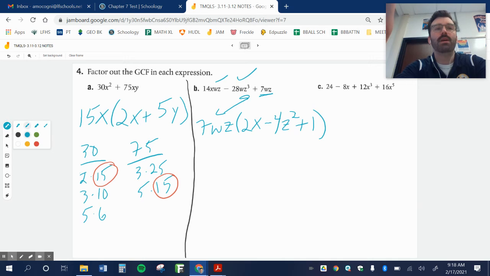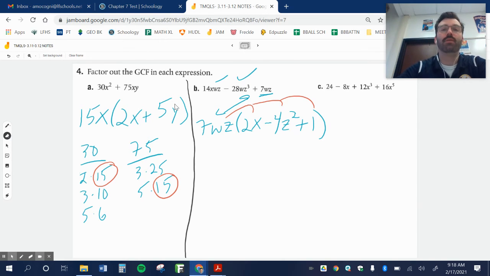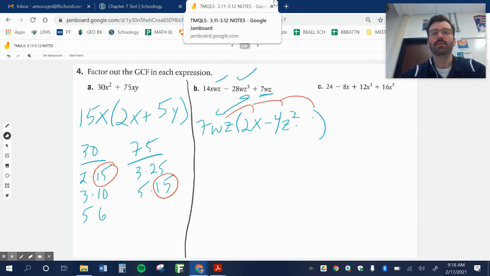Why? Because remember at the beginning, we said if you want to check your work and you distribute, I need to get my original. If I were to just include nothing here, a big red flag should be that I started with 3 terms, 1, 2, 3, and then all of a sudden inside my parentheses, I only have 2 terms.